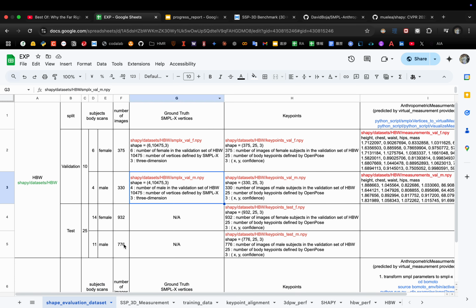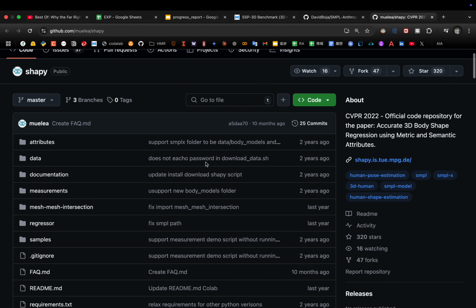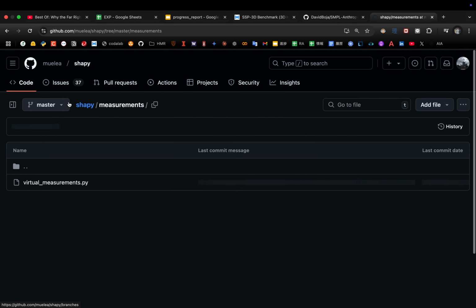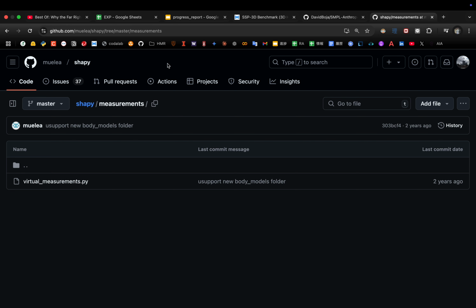these data set provide the ground truth SMPL-X vertices. So we will read these SMPL-X vertices and feed these vertices directly into the virtual measurement library provided by the author of Sharpie.